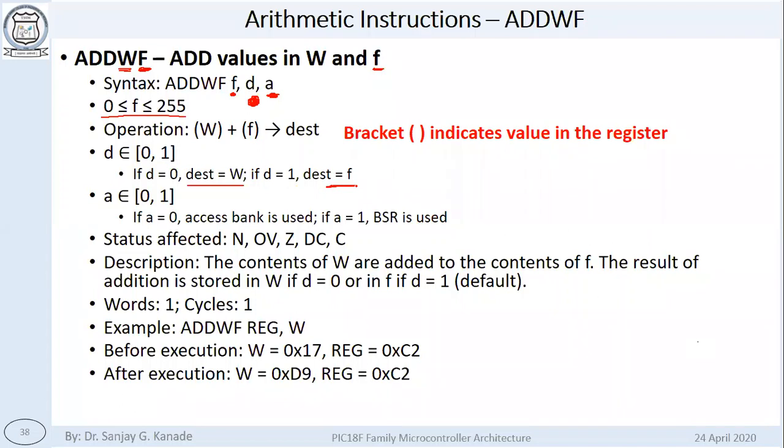Which means when the instruction is run, the contents of W are added to the contents of F. Remember, I am always talking about contents of W and contents of F. Many times mistakes happen: F is an 8-bit address, but sometimes you may get confused and take it as a value or data or literal.